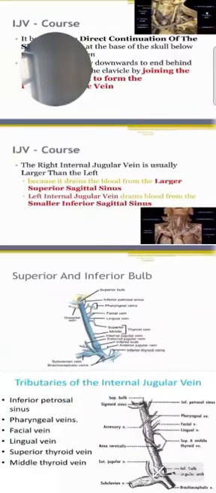Usually the right internal jugular vein is larger when compared to the left, because it drains the blood from the larger superior sagittal sinus, but the left internal jugular vein drains the blood from the smaller inferior sagittal sinus.